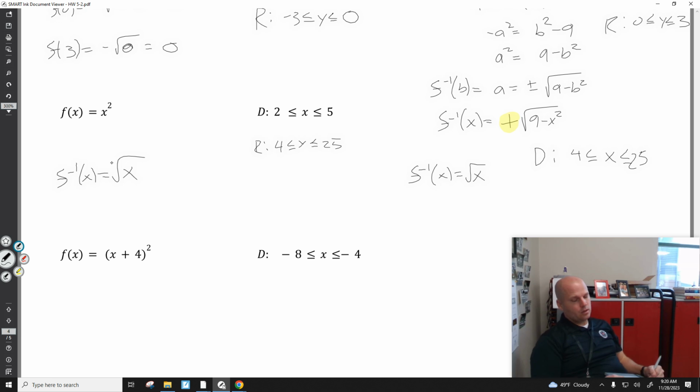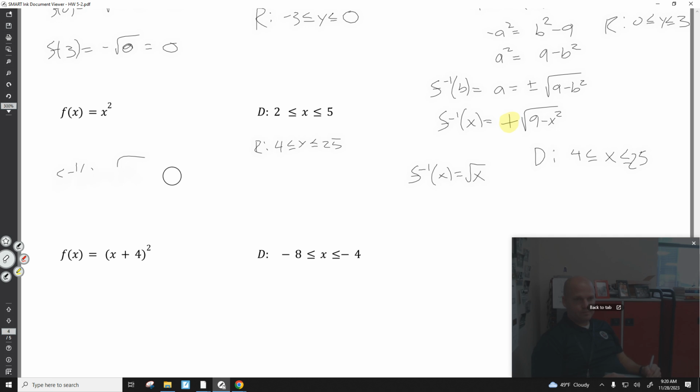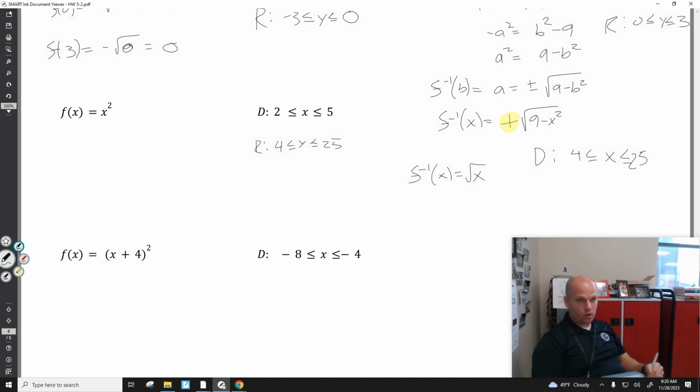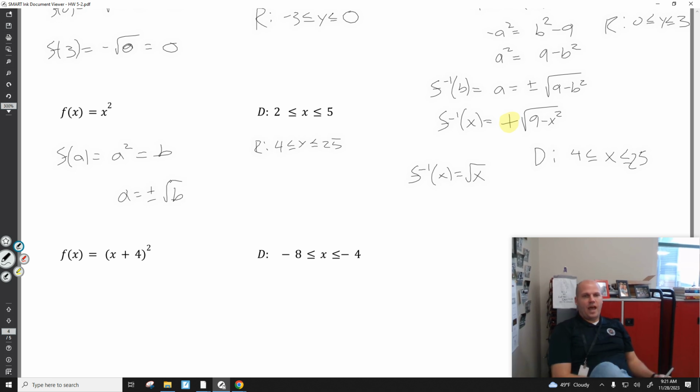Now, I'm sorry, I screwed up. If I were to square root, you would have a plus or minus. I immediately screwed up. F inverse is plus or minus the square root of your outputs.